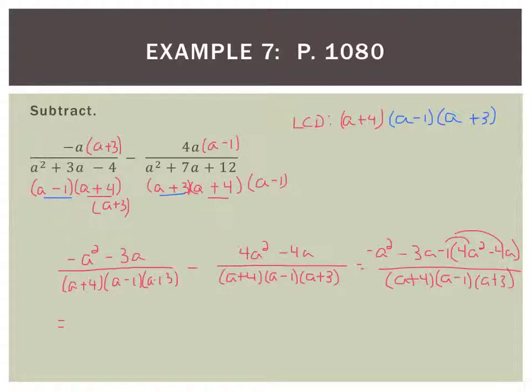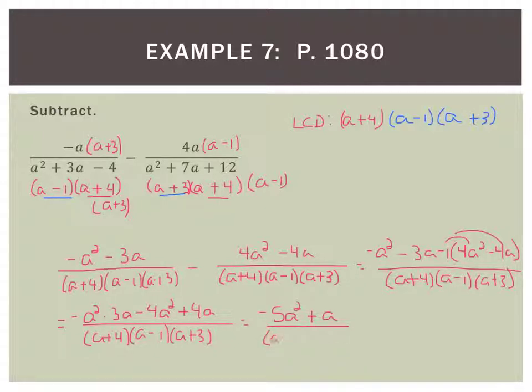Alright, so then that'll give me negative a squared minus 3a minus 4a squared plus 4a. Then combining like terms gives me negative 5a squared plus 1a over a plus 4 times a minus 1 times a plus 3.